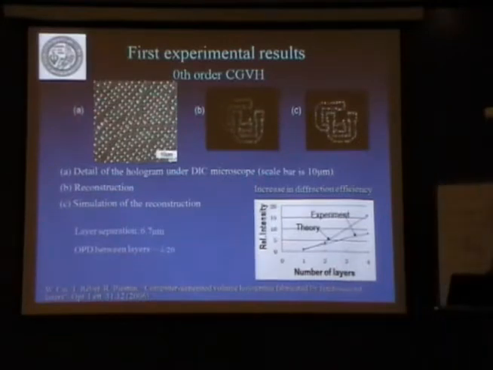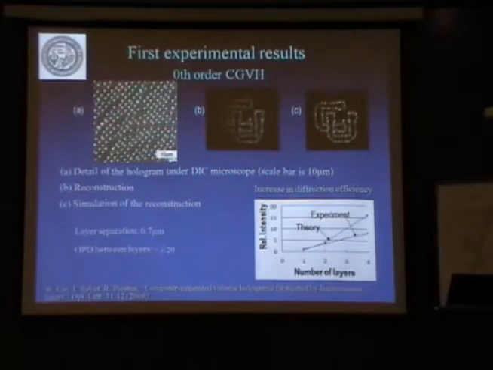So what is the problem? To design these things is complicated because now you need to make three-dimensional Fourier transforms to do this calculation. And then you need to fabricate these things in 3 dimensions, which is not easy.